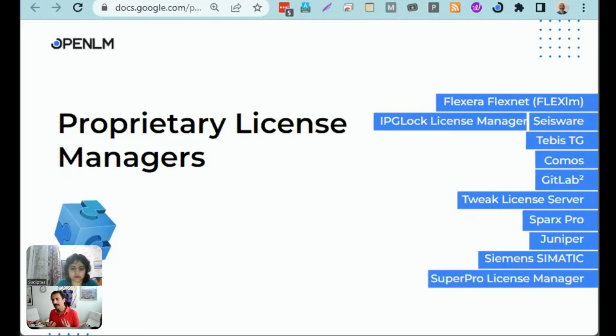And that's what we see: okay, it was created, maybe it was good at the time, but nothing is changing because the priority of the company is to invest in the core technology, and now the license manager, okay, it works. Why do I care about it anymore? And we can't really invest more efforts in it.